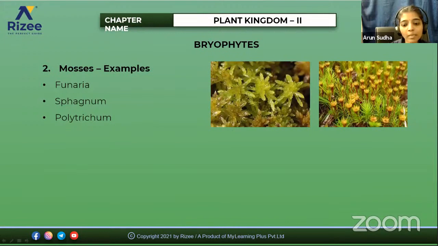So if you see mosses, the examples are Funaria, Sphagnum, and Polytrichum. What is the role of these? We saw Sphagnum as peat moss, and also it is called bog moss because it likes to grow on acidic bog.